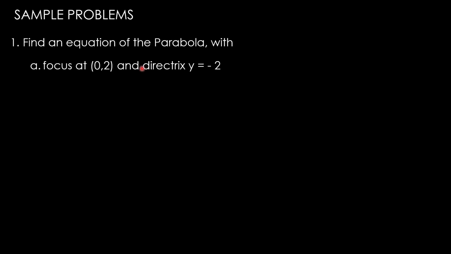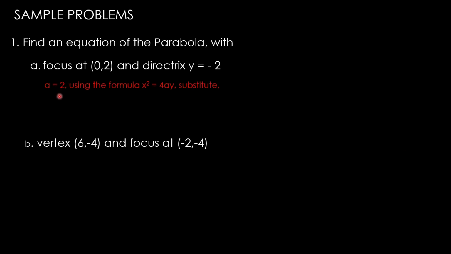So that means we need to find the vertex, and since the directrix is y equals negative 2 and the focus is (0, 2), we can find our A. Our A therefore is 2, and then using the formula x squared equals 4ay, the vertex is at (0, 0), and then we just move 2 units to get the focus and 2 units to get the directrix. So the parabola here is opening upward. The vertex is at the origin, (0, 2) for the focus and y equals negative 2 for the directrix.